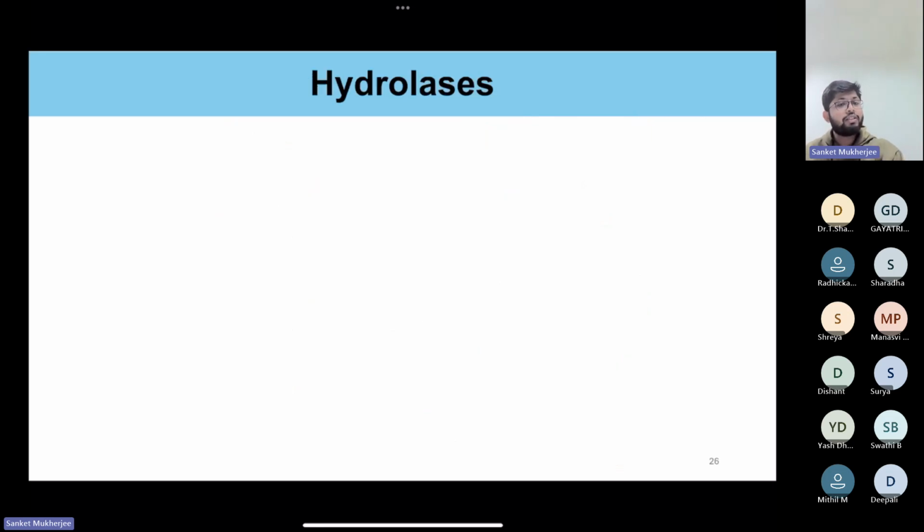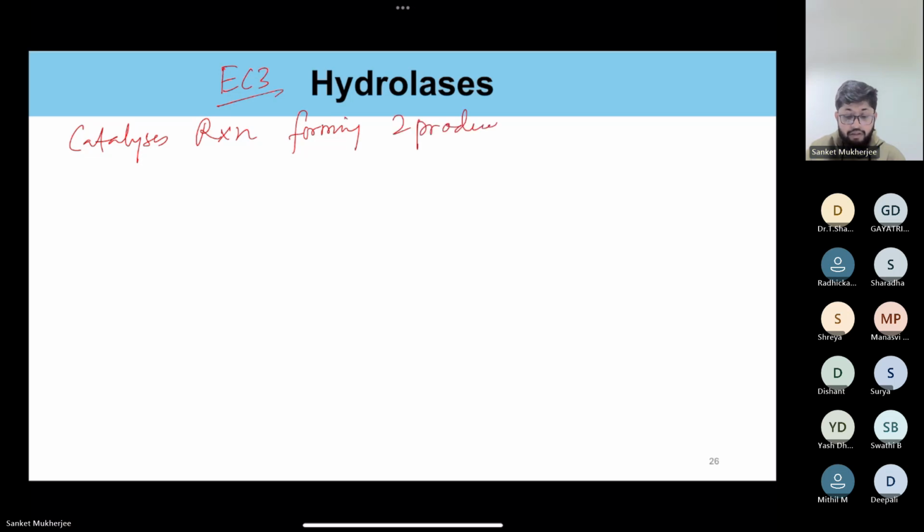Now coming to the other group, EC3, that is hydrolases. What do hydrolases do? It catalyzes reactions by forming two products using water.